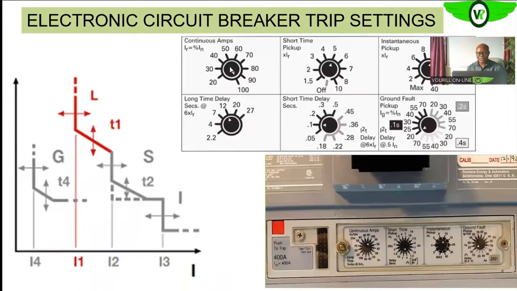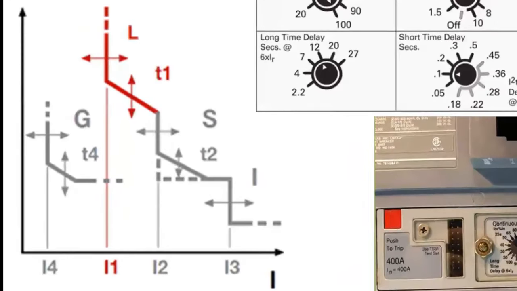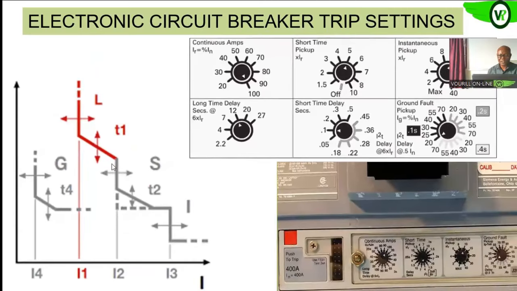So if you compare what we are looking at now with the tripping curve of the electronic circuit breaker, this is the tripping curve. This area is the continuous amp rating. Anything below 1 times is within this area. What you are doing by making this selection is shifting this curve either to the left or to the right.